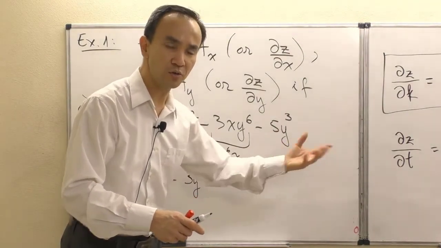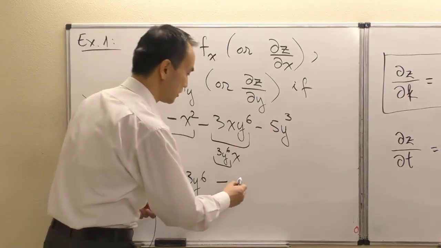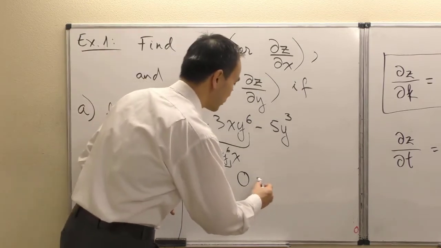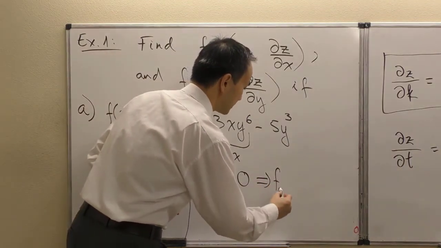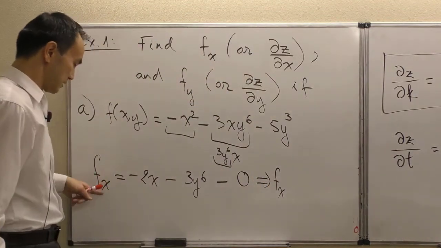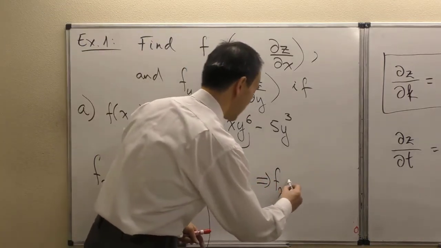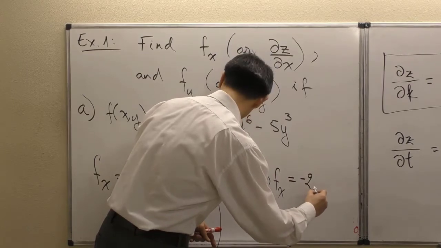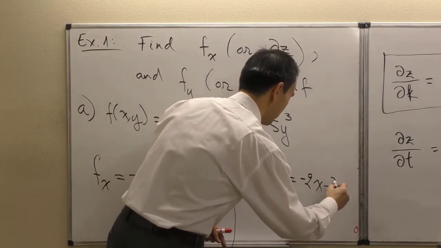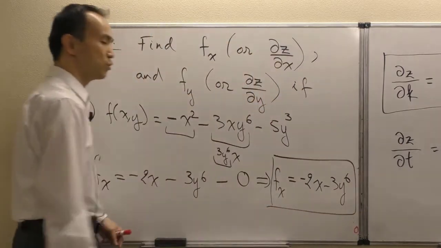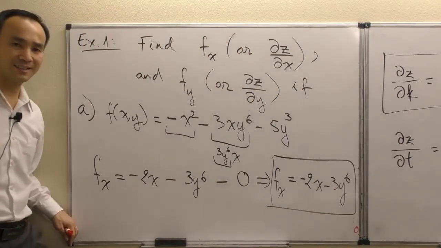So what do we do with the derivative of constants? It goes to 0. So yes, ladies and gentlemen, the final derivative, the partial derivative of f with respect to x, is simply just 2 terms, minus 2x minus 3y to the 6. That's how we're done with the first one, right there.